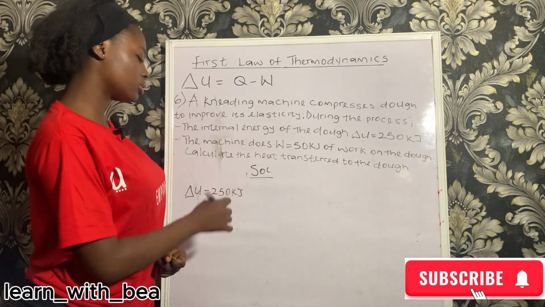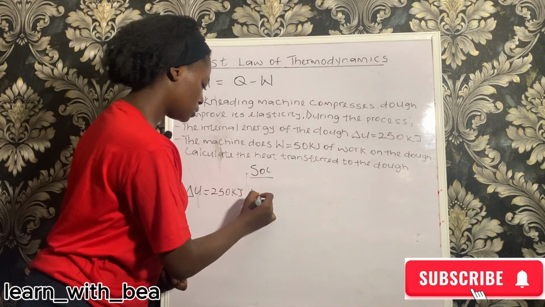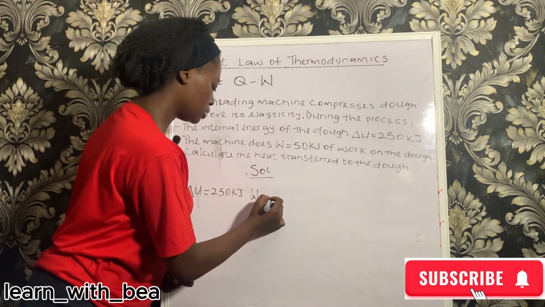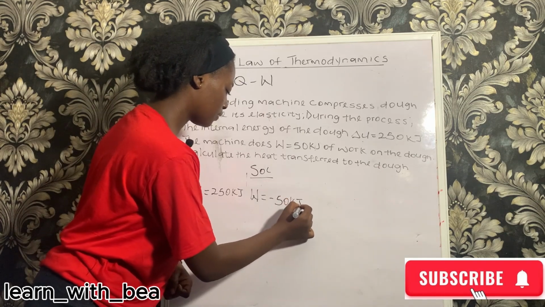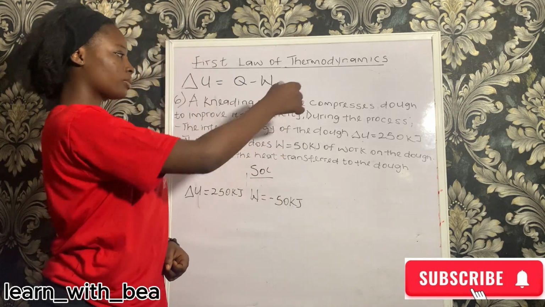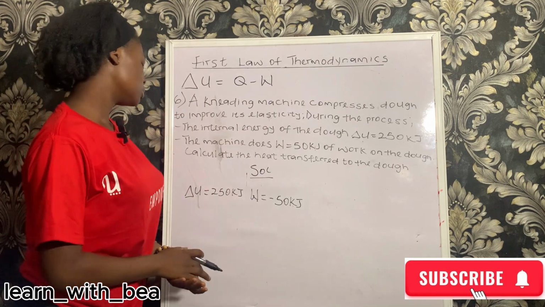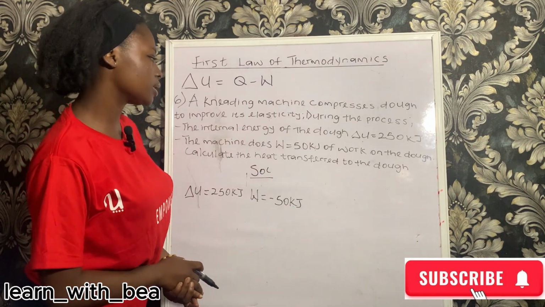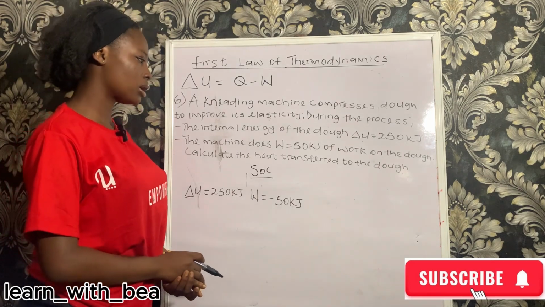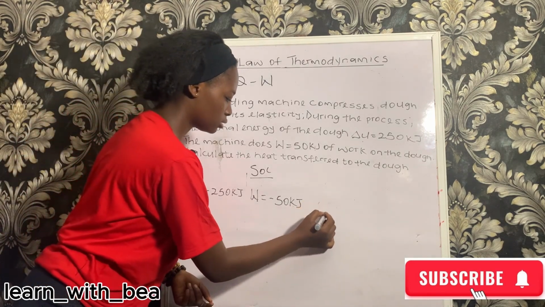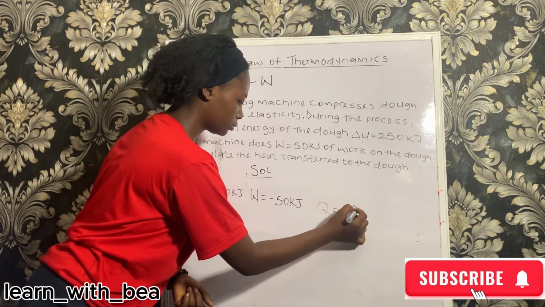The machine does 50 kilojoule of work on the dough, so from our knowledge, we already know this should be minus 50 kilojoule. In fact, they even emphasized that the machine compresses the dough. Calculate the heat transfer to the dough. This is what we have to look for.